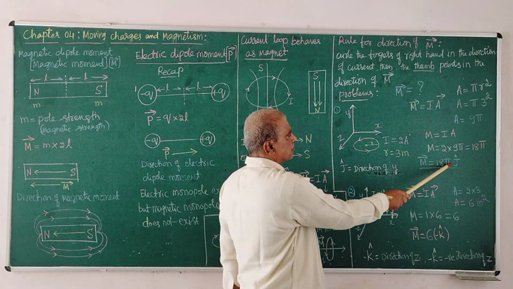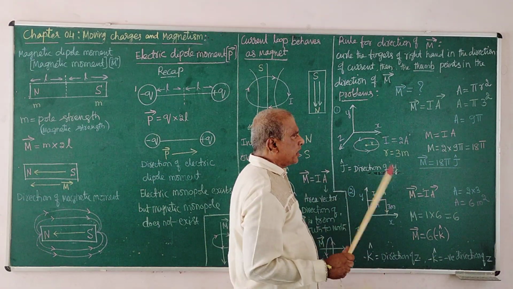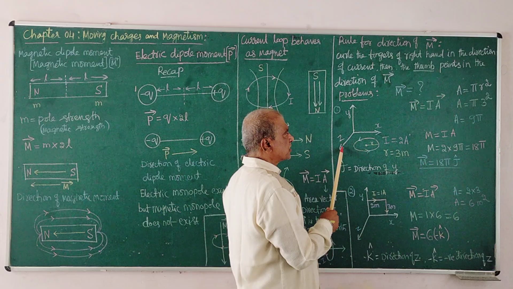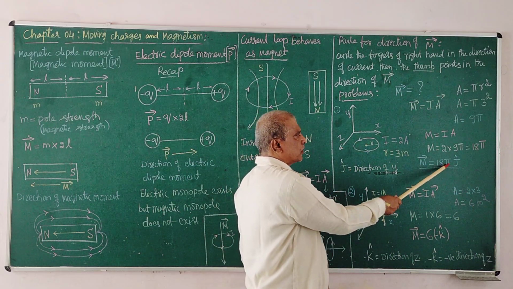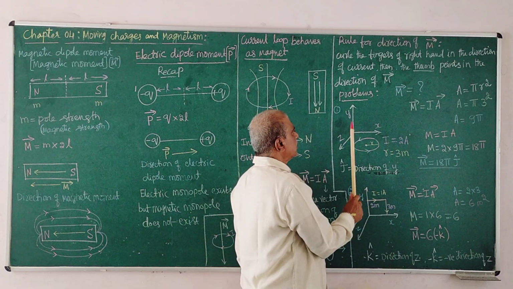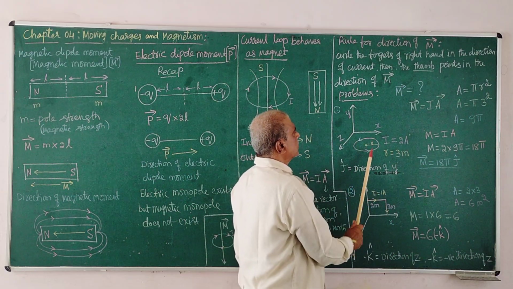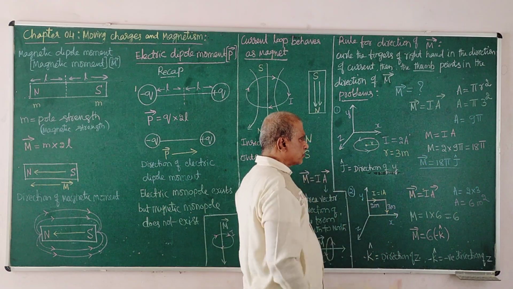By j, a unit vector using i, j, k. i, j, k indicate the direction of vectors and carry unit magnitude. So j is along y, along positive y, outside. Plus j. This is the value of M vector.